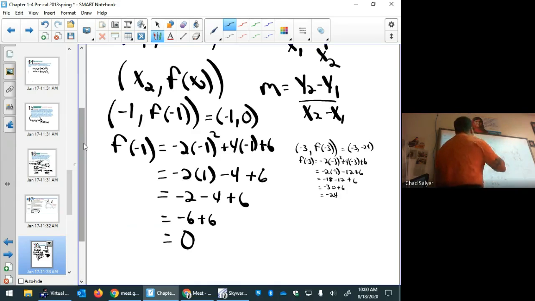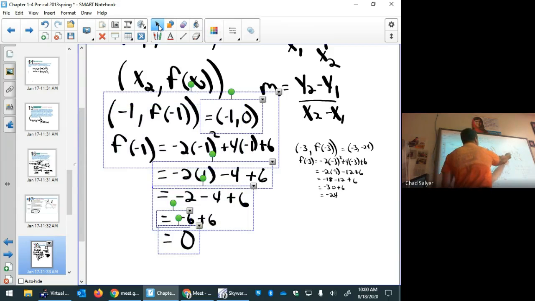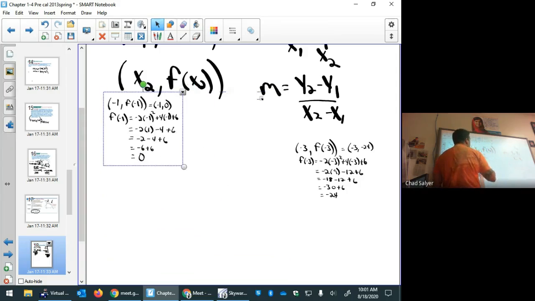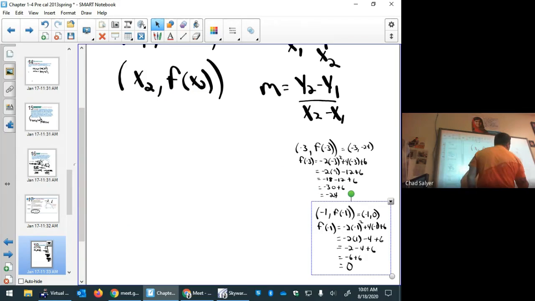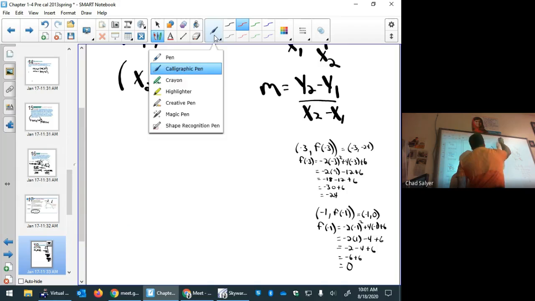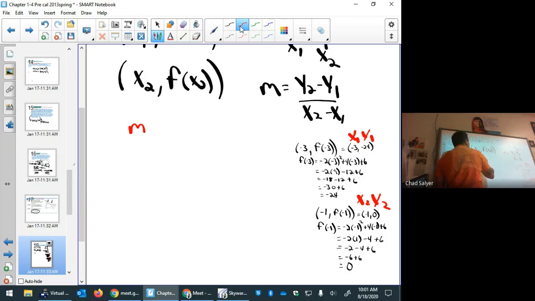Now we're ready to plug those into the slope formula. So we've got our 2 points. We've got our x1, y1, and our x2, y2, and we're going to plug those into, again, the slope formula.